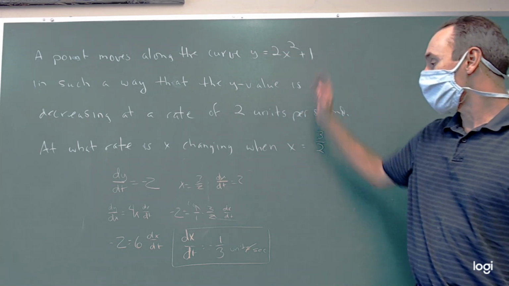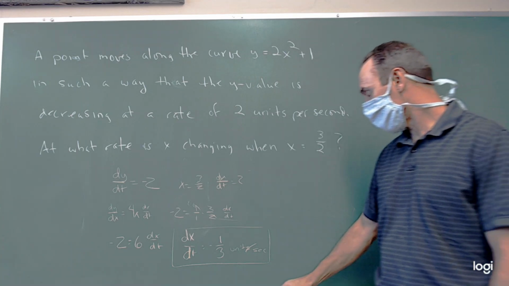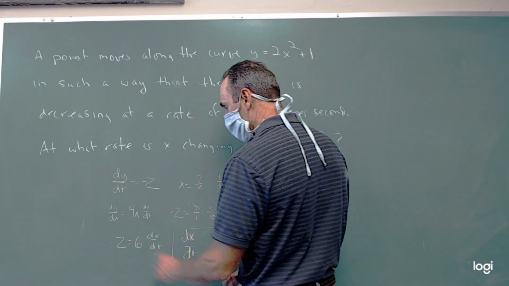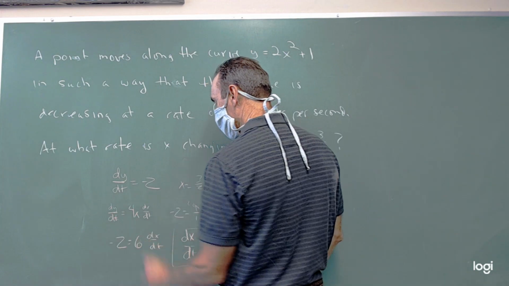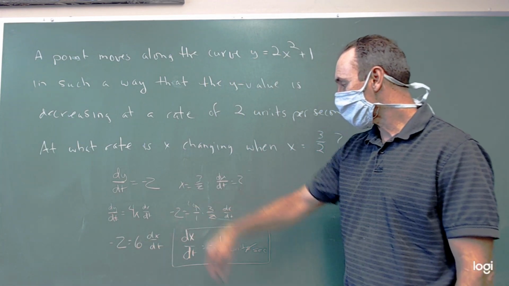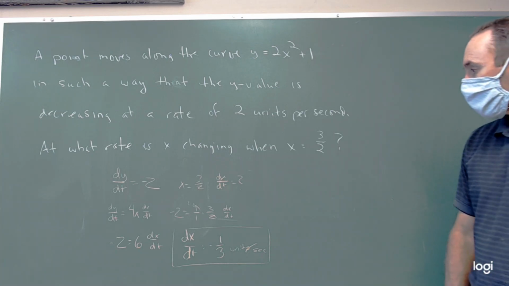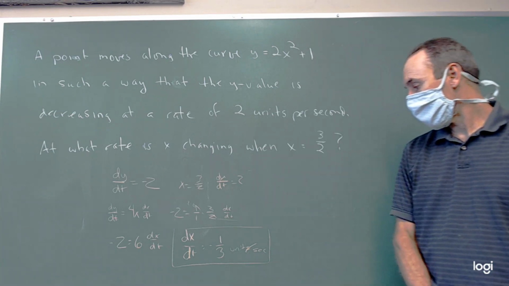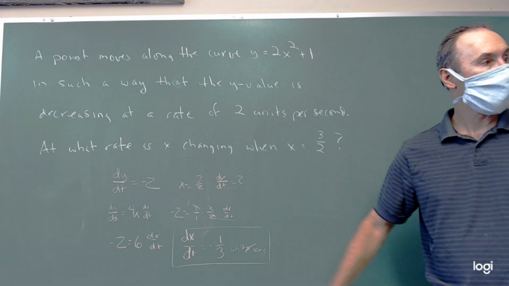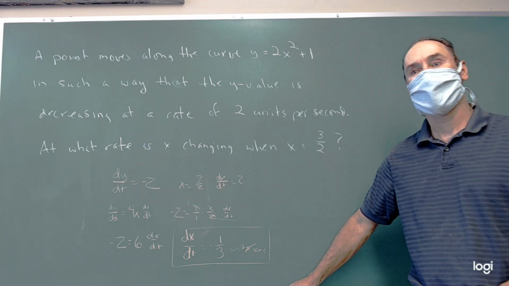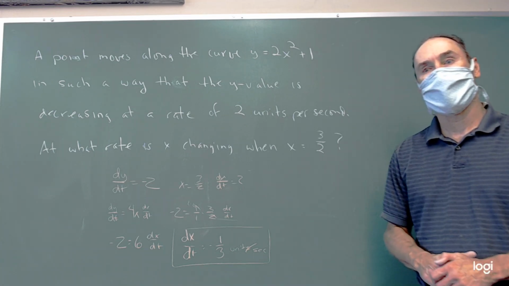When we differentiate this with respect to time, we get dy/dt equals 4x times dx/dt. We plug in what we know, solve for what we don't. I think we're agreeing on -1/3 units per second. Questions on that?